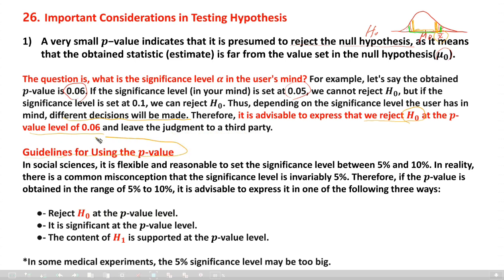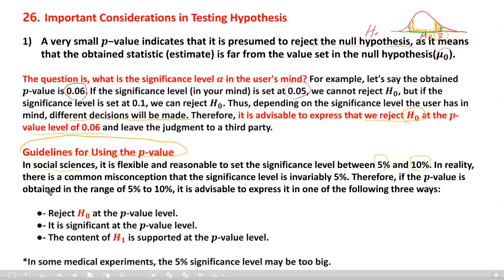Guidelines for using p-value. In social sciences, it is flexible and reasonable to set significance level between 5% and 10%. That is flexible. Significance level is not fixed 5% at all.